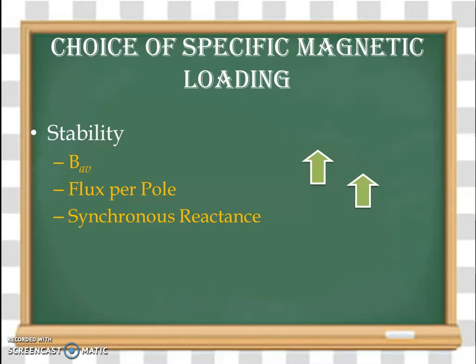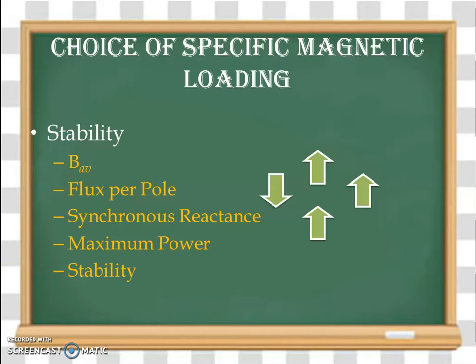So if the number of turns is less, then obviously synchronous reactance will be less, and we know that maximum power generated is inversely proportional to the synchronous reactance, and hence maximum power will be higher. If maximum power generated is higher, then the capability for steady state stability will be again more.